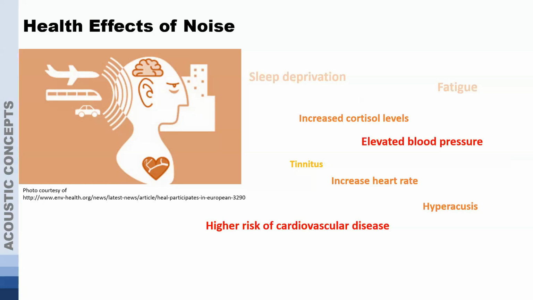Therefore, there's a higher risk of cardiovascular disease. There's a myriad of physiological conditions associated with sound, and we need to bring awareness to that as we intelligently design our spaces, taking all of this into consideration.